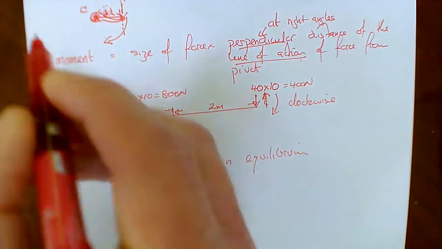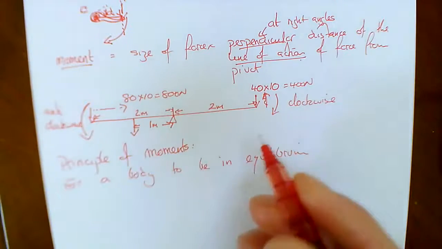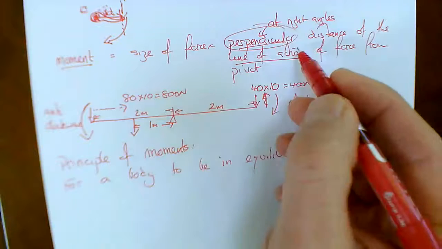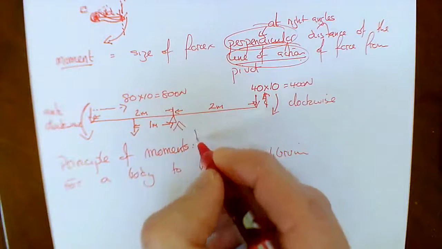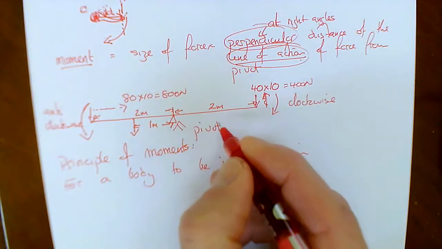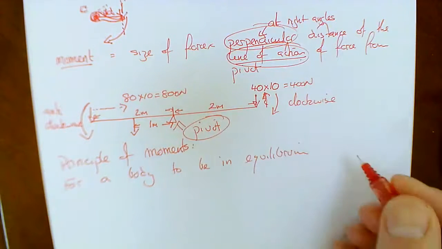You've had moment, you've had perpendicular, you've had line of action, you've had pivot, now you have equilibrium.